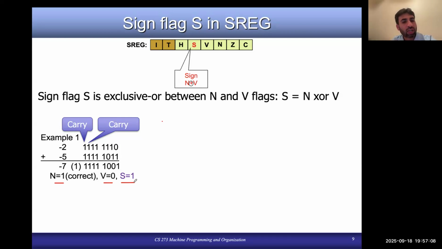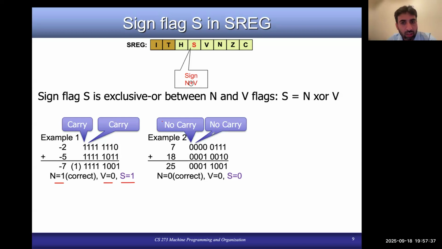So what I'm trying to emphasize here is that when you are comparing signed numbers, your sign flag conveys the correct information all the time, irrespective of whether there is an overflow or not. But your negative flag, you cannot trust it in all cases, especially when there is an overflow. So we don't care for the N flag. We will always look at the sign flag.